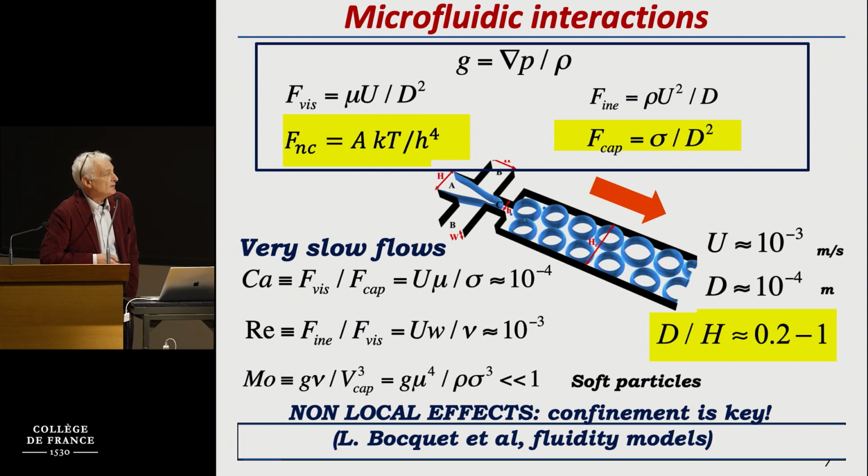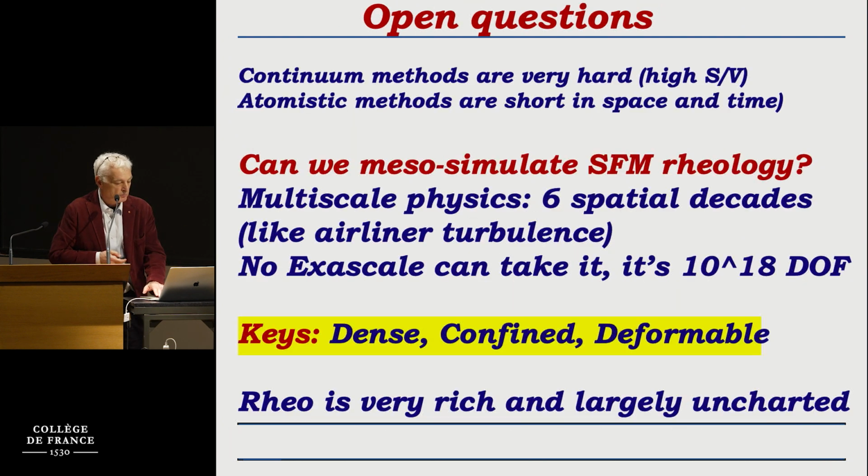And of course, Lydéric did a lot of work in this direction. I remember his beautiful paper where he introduced the fluidity, which is the inverse of the viscosity, which is non-local. There is a lot of beautiful work, both experimentally and theoretically.